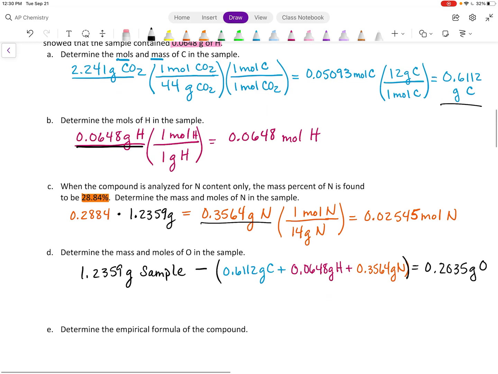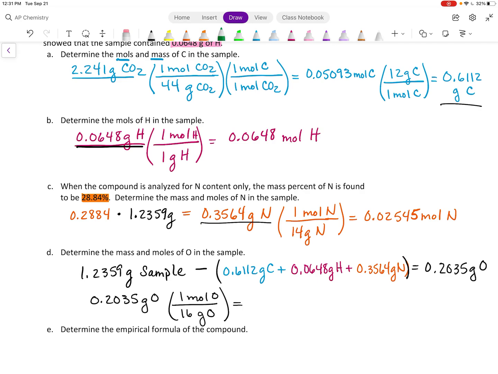Now, we want to know moles of oxygen as well if we're going to do empirical formulas. So we're going to take that 0.2035 grams of oxygen, and of course, for every 1 mole of oxygen, there is 16 grams of oxygen. Okay.